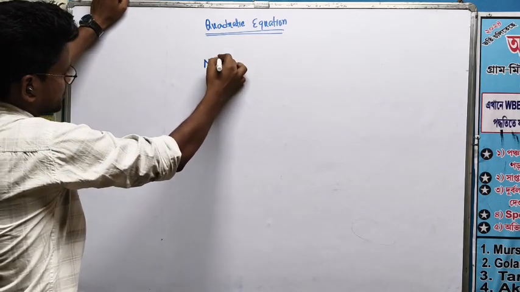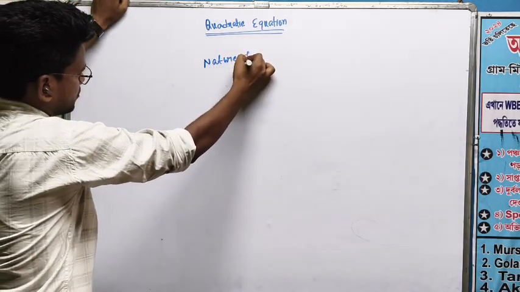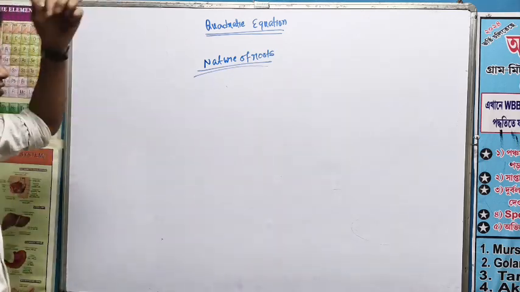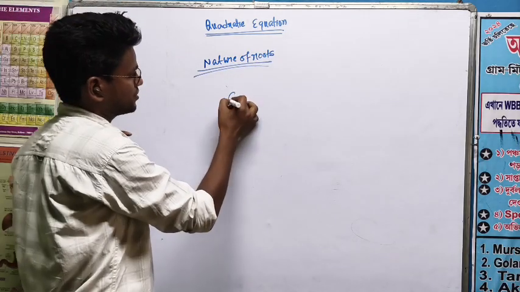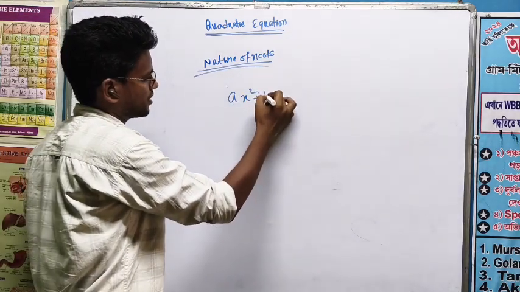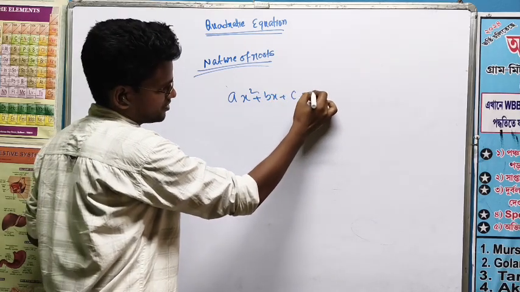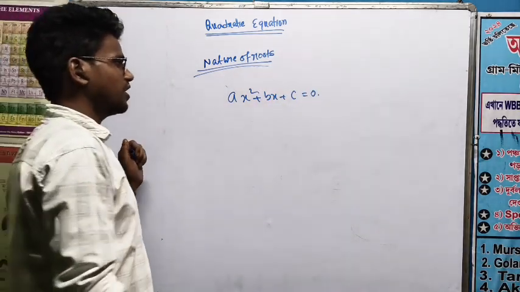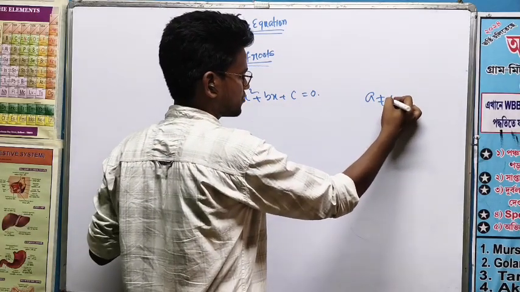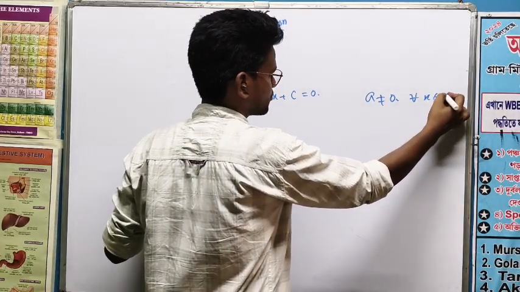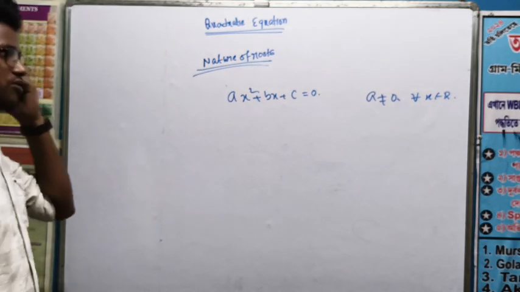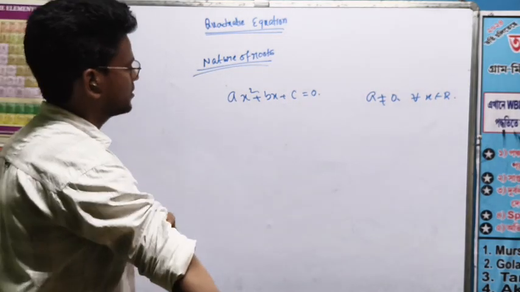So this is ax square plus bx plus c equals 0. This is the quadratic equation, and obviously a is not equal to 0, and for all x belonging to R, this is the domain of that equation. It is satisfied for all x.